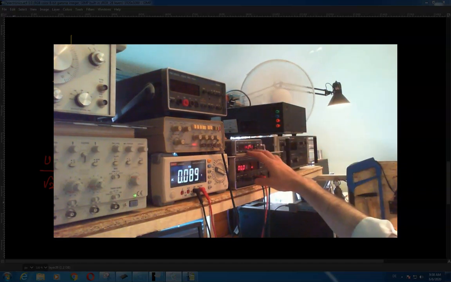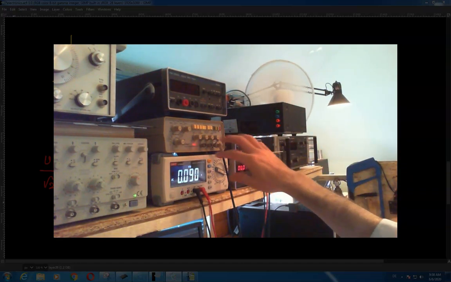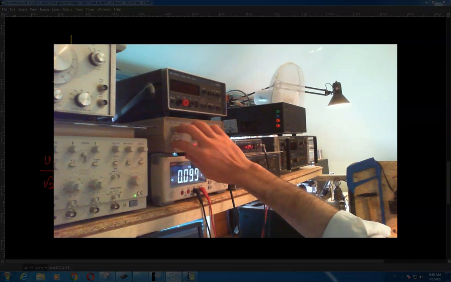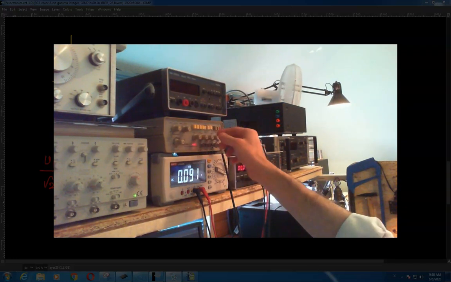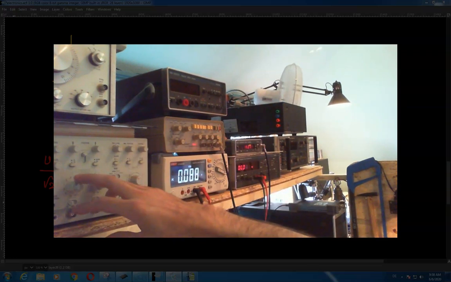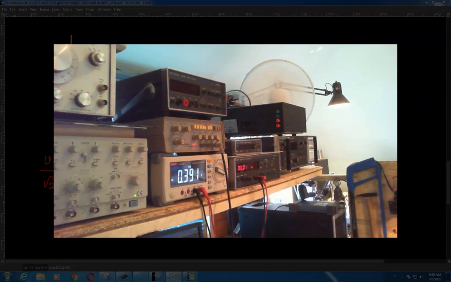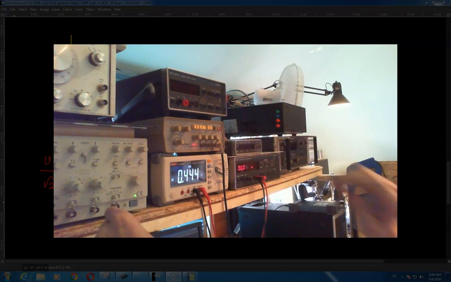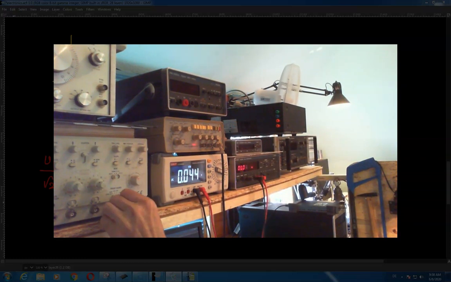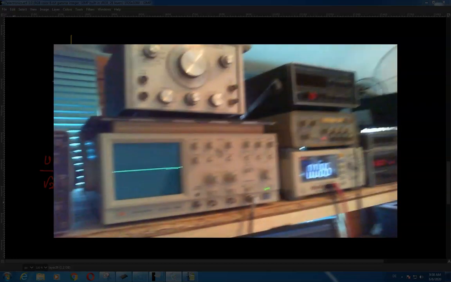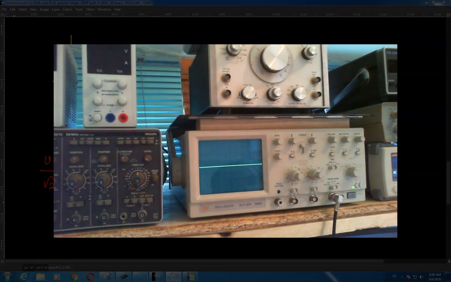But if you didn't have access to any of these things, and if you had just a knob without any graduations on it, and you wanted to set the signal, you would simply connect the output of your signal generator, whatever it is that is generating the signal for you, to the oscilloscope.